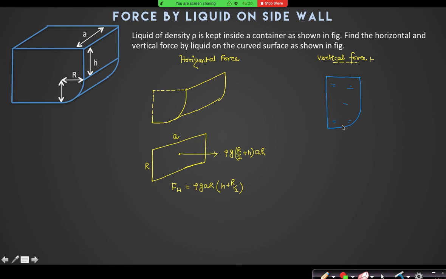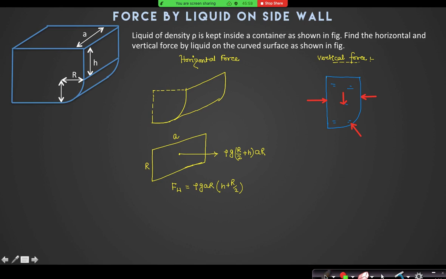What are the different forces acting on this liquid? There is a net force by the container on it. This part of the container is exerting a sideways normal. Top face is not giving any force because it is open, and there is a weight downward.